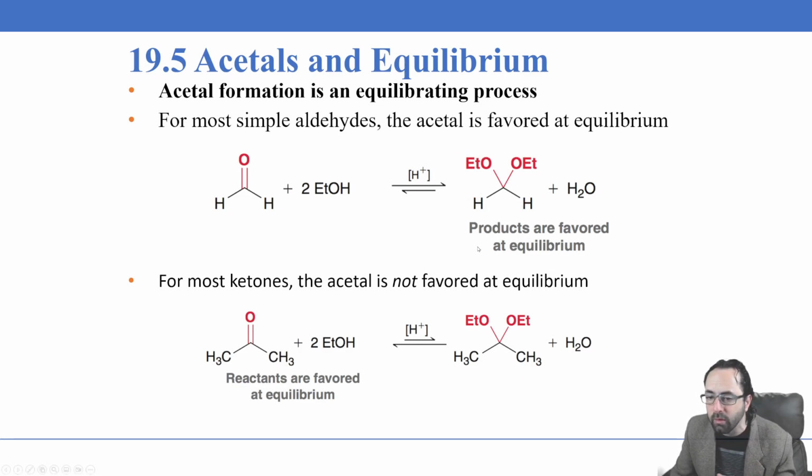For most ketones, the acetal is not favored at equilibrium, and so in this case, if we react the acetone here with 2 molecules of ethanol, we can get the acetal, where we have 2 ether groups, this ethoxy group here and this ethoxy group here, but it's going to favor the reactants at equilibrium, will favor the ketone.